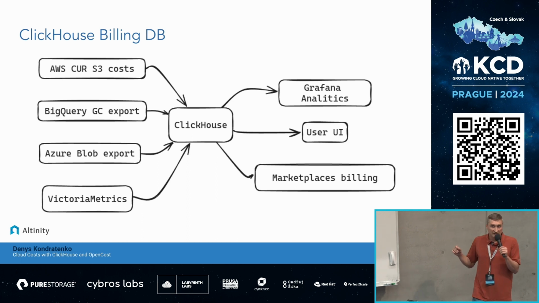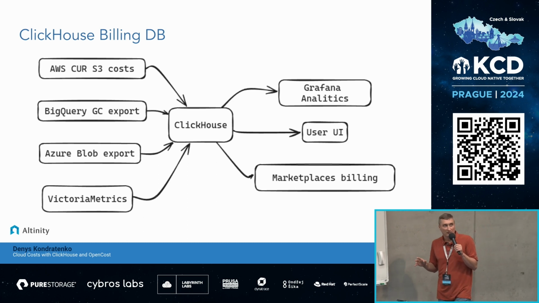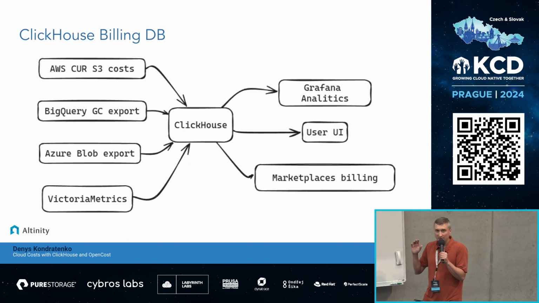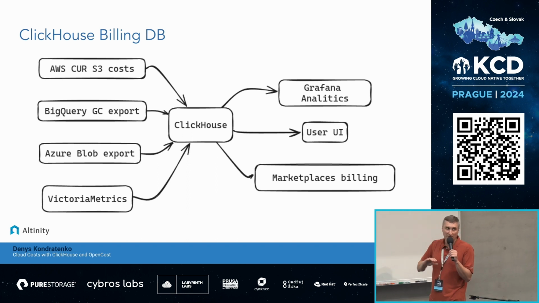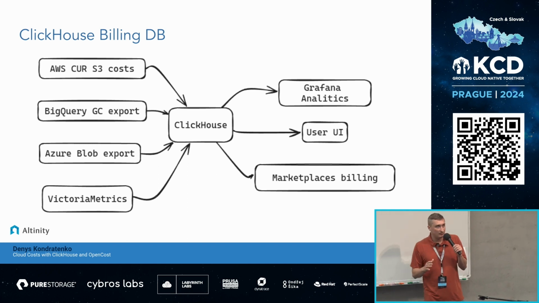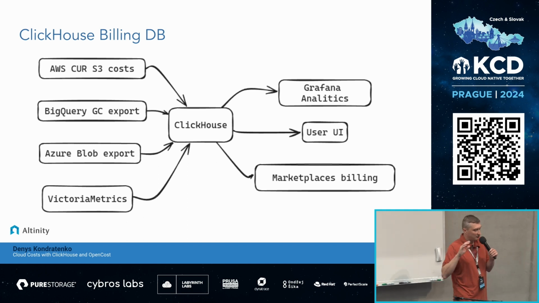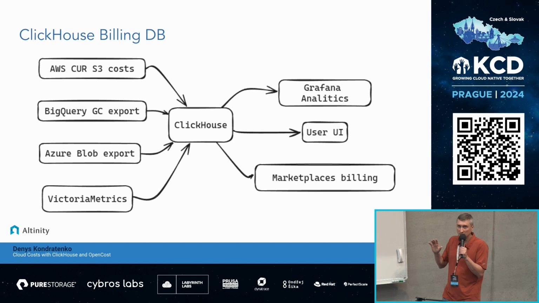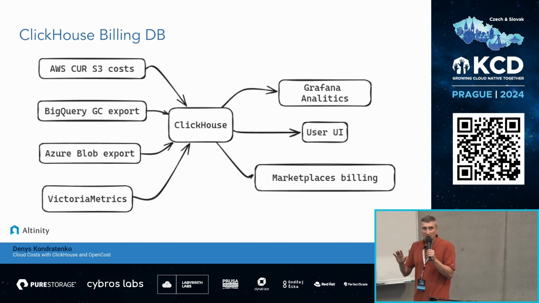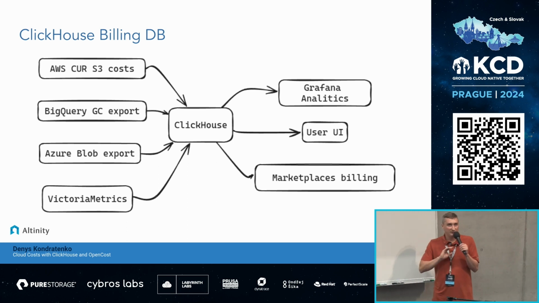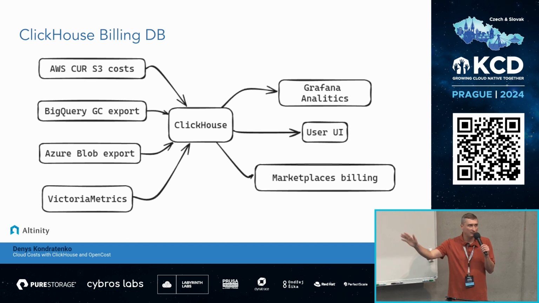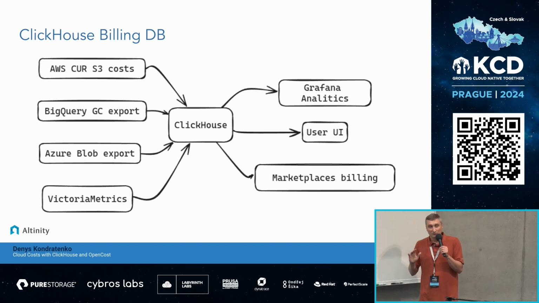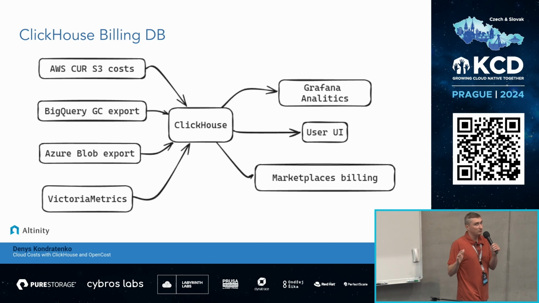And we also need kind of real-time metrics as well. So we push some from Victoria Metrics, from the time series database, to ClickHouse. So ClickHouse is kind of the center of our billing. We upload all of the data about all of the tenants as well as our infrastructure into ClickHouse, which is quite suitable for that.